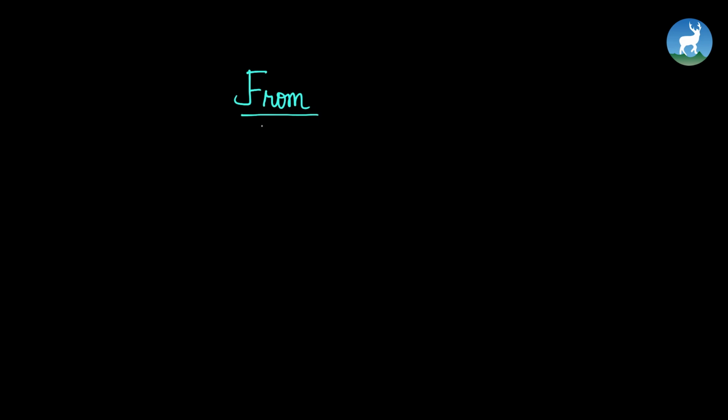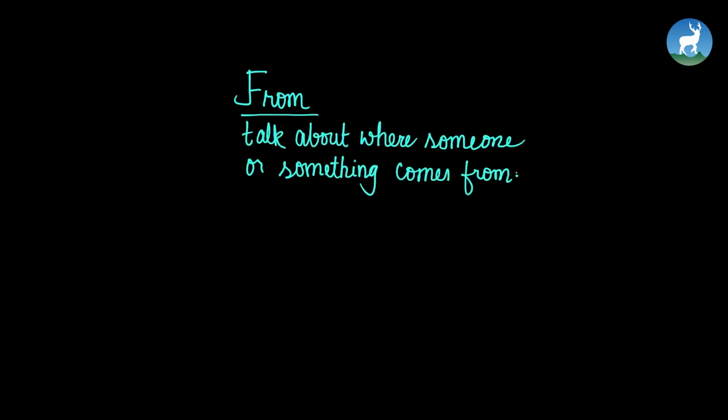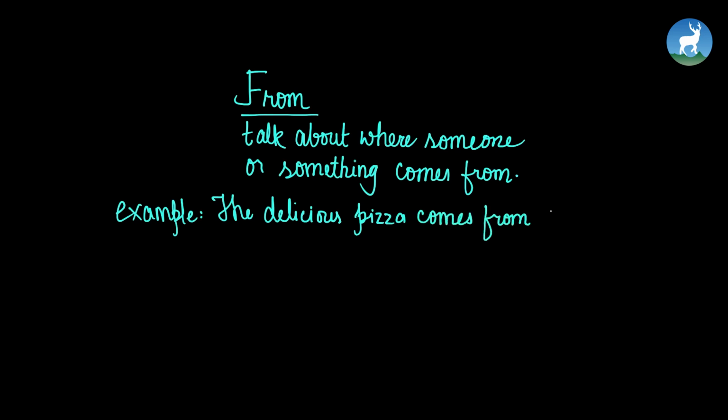From is used when we talk about where someone or something comes from. So when we have to talk about where someone or something comes from, we use from. Let's take an example again for from. Let's say the delicious pizza comes from Italy.